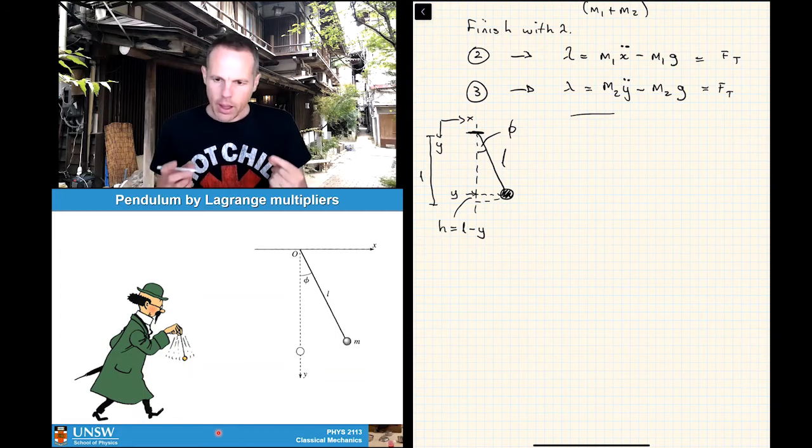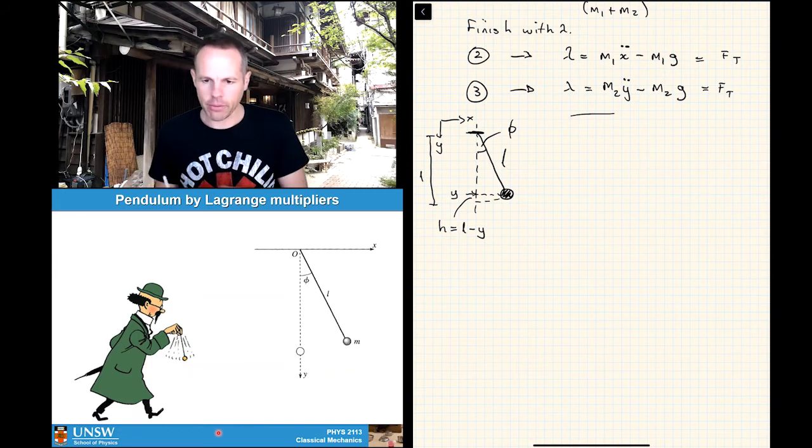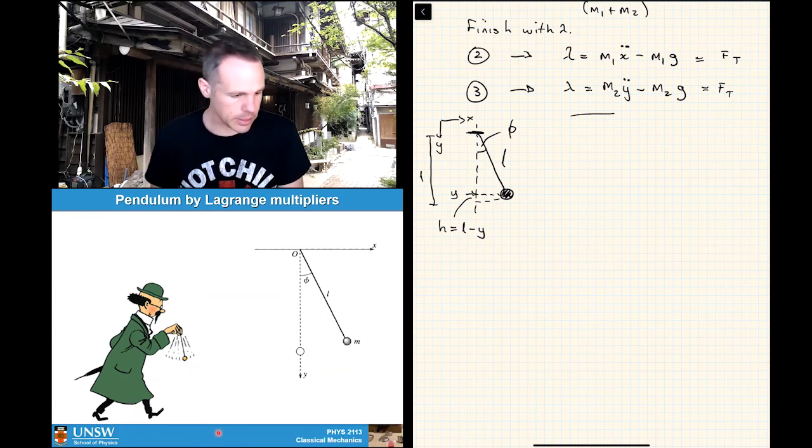When you do the Lagrange multipliers method, you've got to not do that. There's a different path through this, and if I start to write terms in phi in this problem, I'm going to end up having to get the phi's back out again, right? So number one rule with the Lagrange multipliers method: try to stay in the coordinates that are connected to your constraint force, because the problem will be a lot easier, okay?